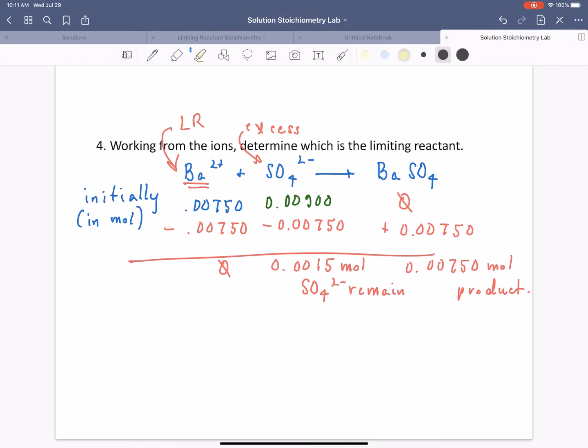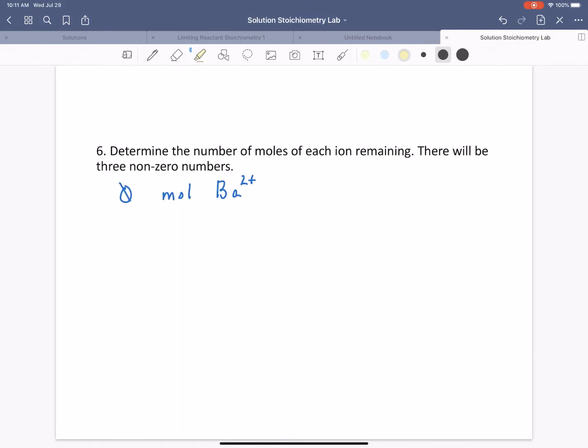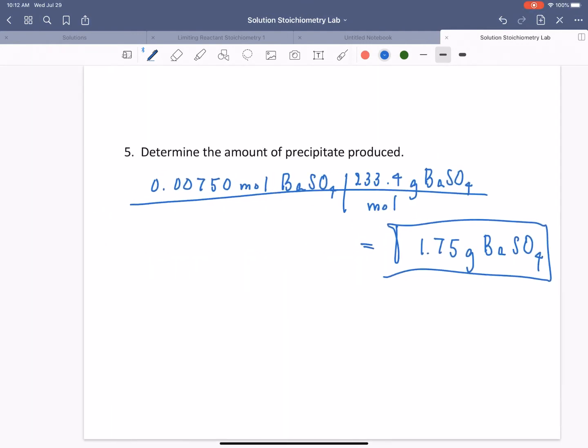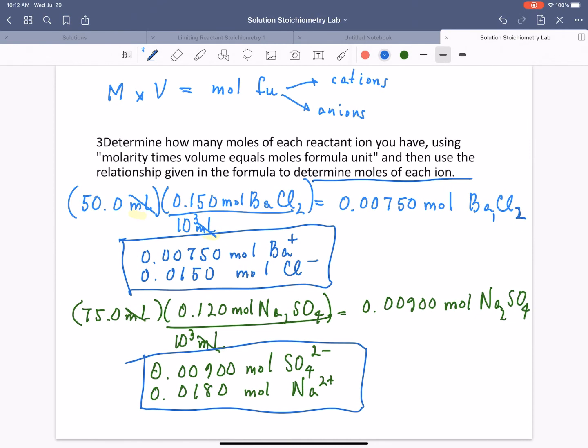When we subtracted what we needed from barium and what we had of sulfate, we found out how many moles of sulfate remained. And at the very beginning, we did calculate our moles of spectators.